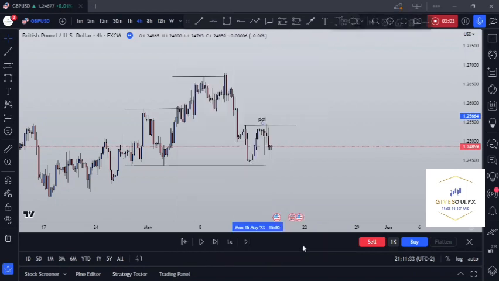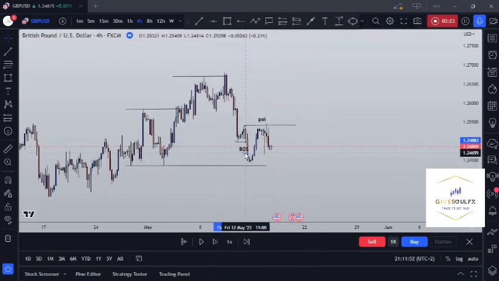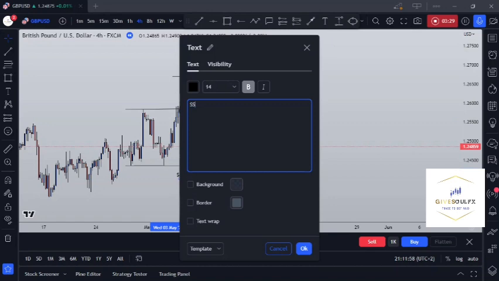I call it my point of interest with a break of structure. With my break of structure here and the equal lows.